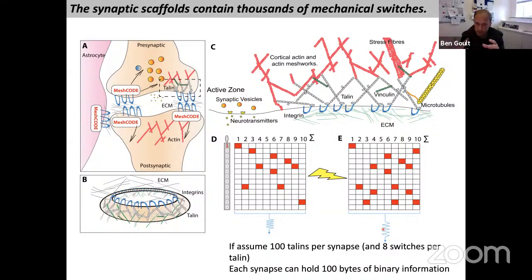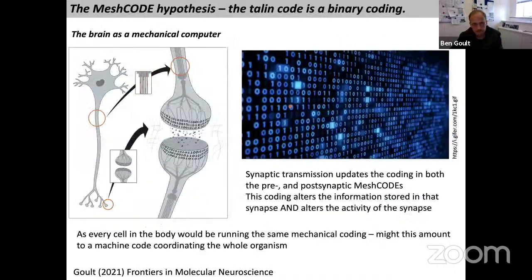So as you signal, it captures that information, because these conformational changes can happen really fast. You pull, you can change the shape. So you can actually retain that electrochemical signaling and alter the activity of the synapse.